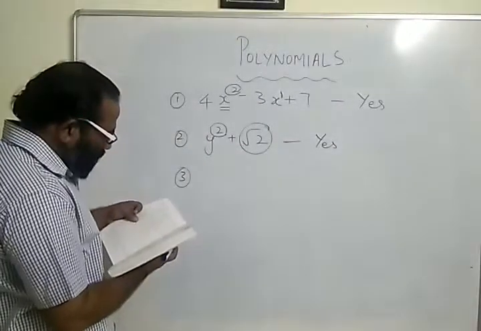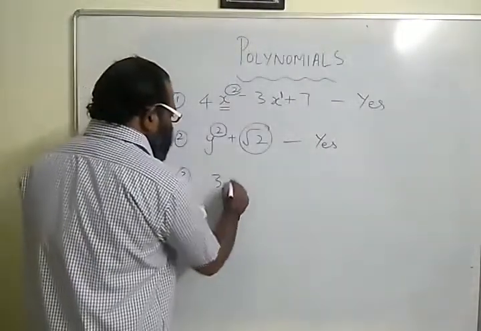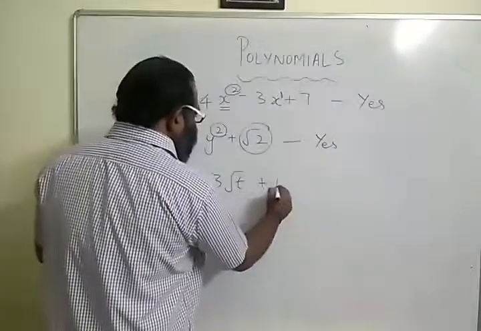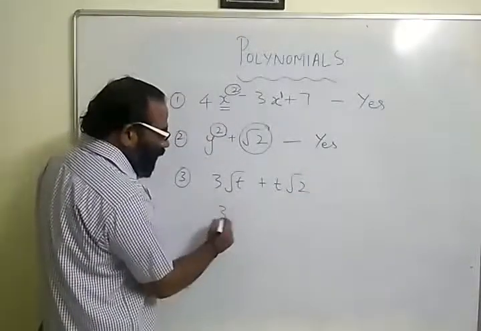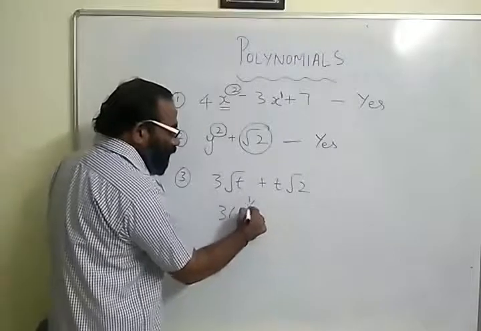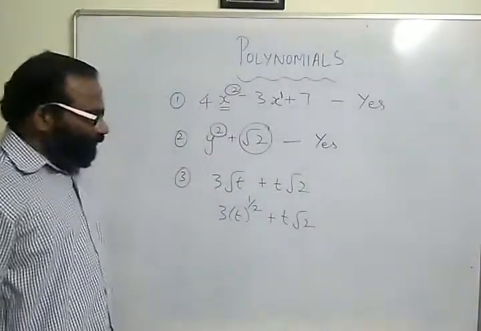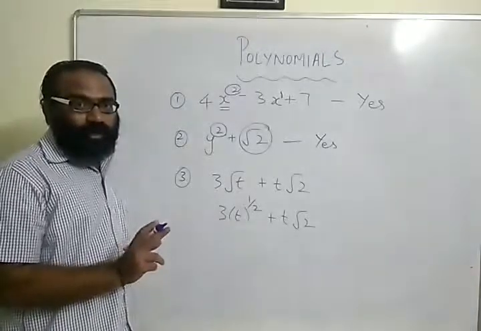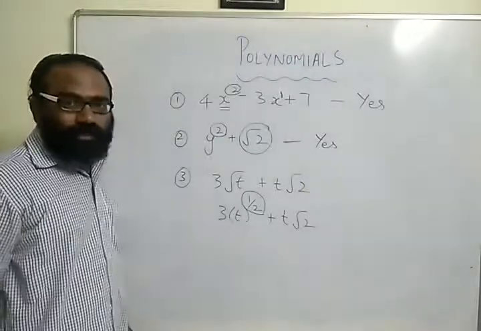The next one, 3 root t plus t root 2. So if you see what happens here, it is 3t to the power half plus t root 2. One of the rules that we learned is that a polynomial cannot have such fractional values.